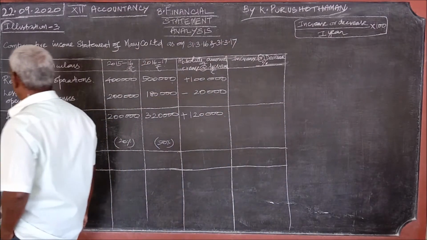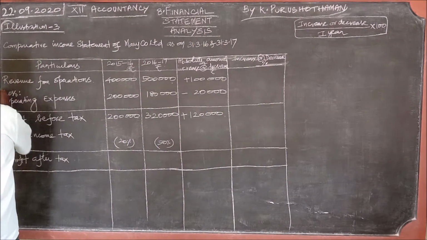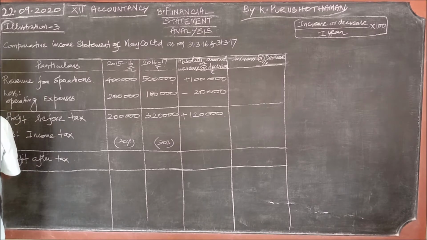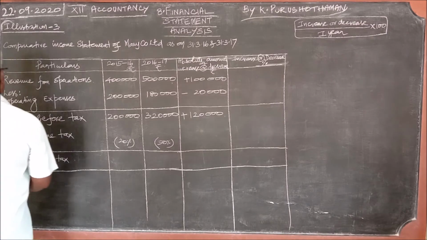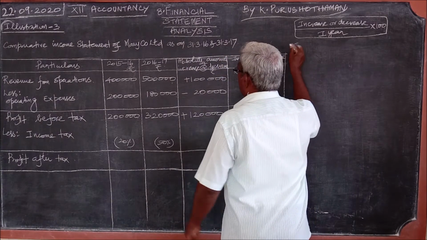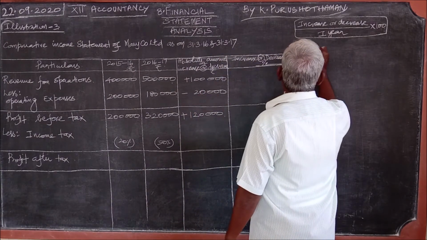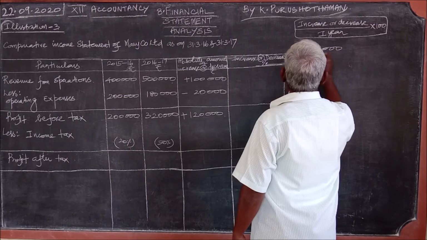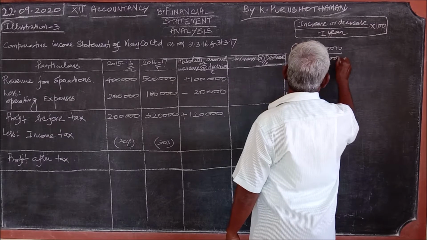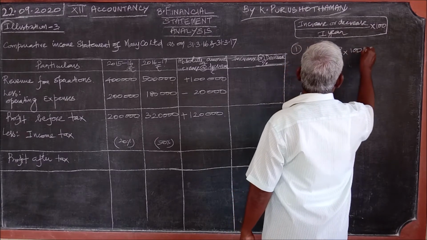And for how many items must we do the calculation? 1, 2, 3, 4, 5. We shall do the first one now. What is the increase? 1 lakh. What is the first year? 4 lakhs, into 100.